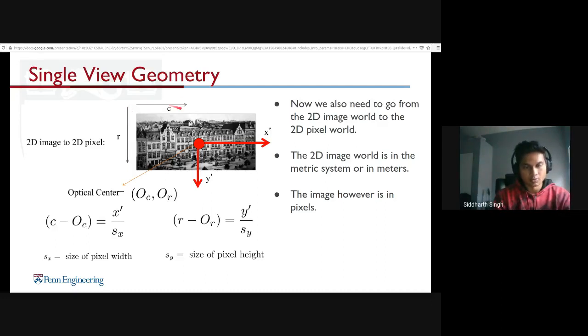So the columns towards the right, the rows to the bottom, and the optical center, however, will lie in the center of this matrix. So we need to take care of that. So we shift every pixel by the optical center, and then we divide it by the scaling factor, which relates the meters that we have in the world to the pixels that we have in the image plane, right?